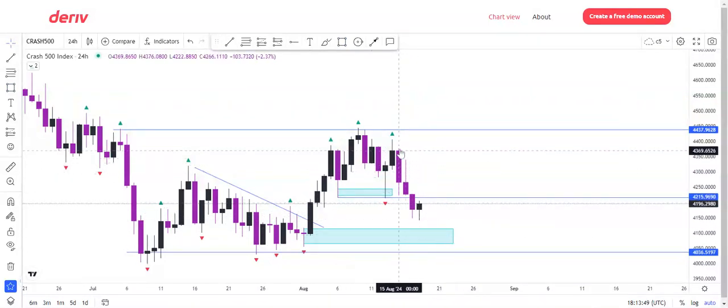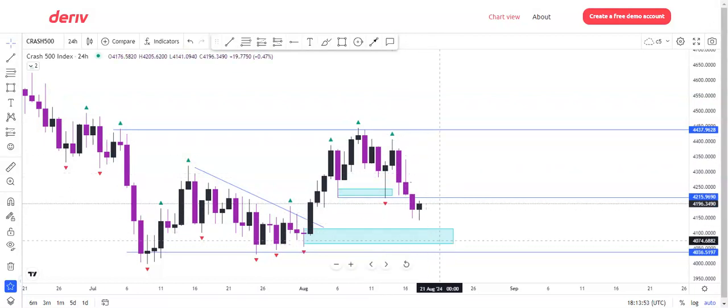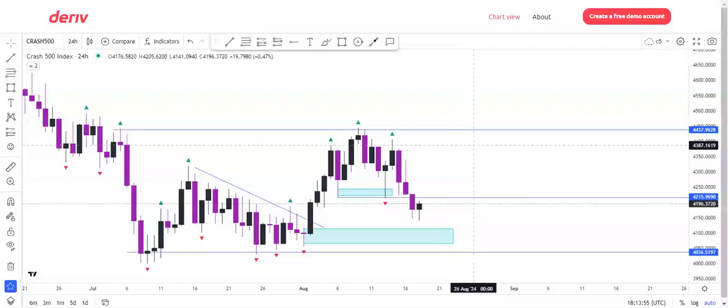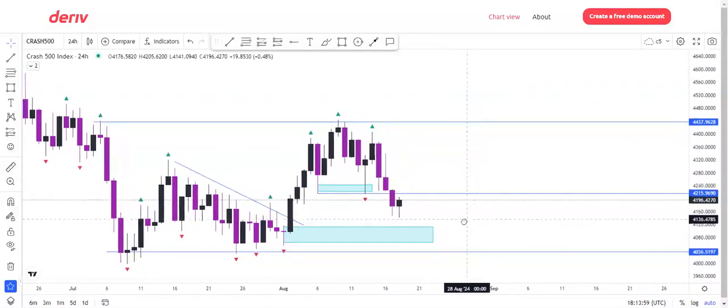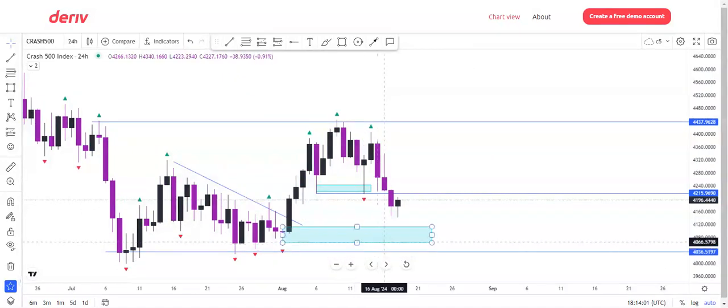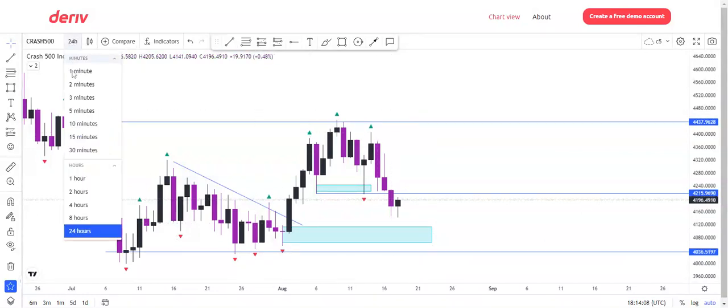We might get, if this OB will hold, and then we'll start having bullish candles, then we can buy from there. But also, if this order block turns to be a breaker block, we'll be selling.